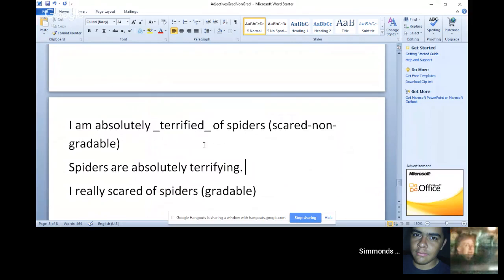All right, exactly. Now, one of the ways I like to explain this, and it doesn't always work, but for a good part of it, if you look at the ed and you take this d and flip it over, it's going to turn into a letter P. This P, I think, represents people. I am a person, and that's what I think. Now, spiders is the subject of the sentence, but they're not people.